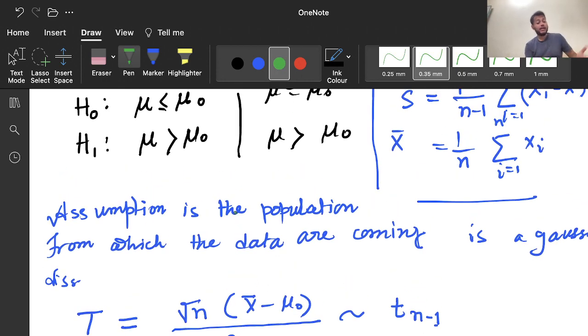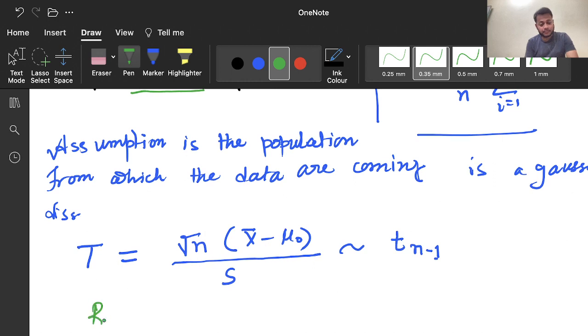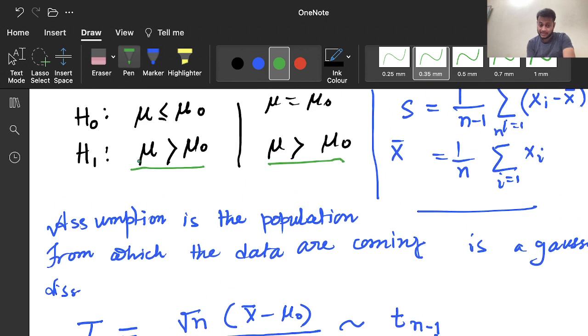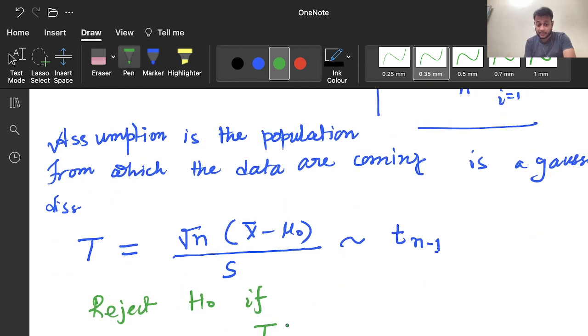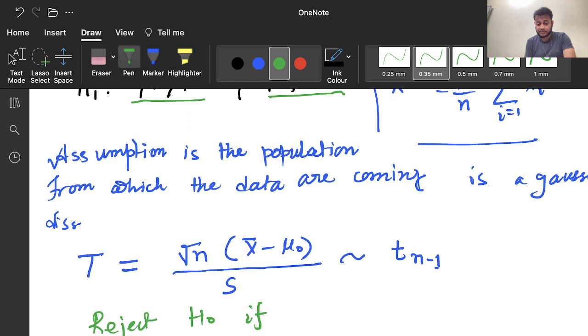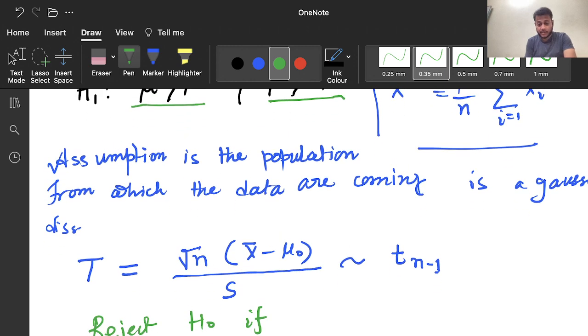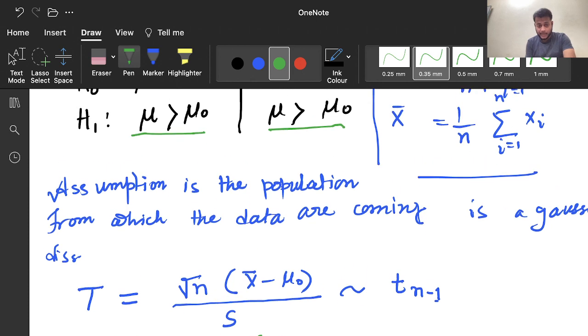The test, as I said, has to be based on the alternative hypothesis mu greater than mu 0. So as you can guess, my test should be: reject H0 if t is greater than or equal to t n minus 1 alpha point.